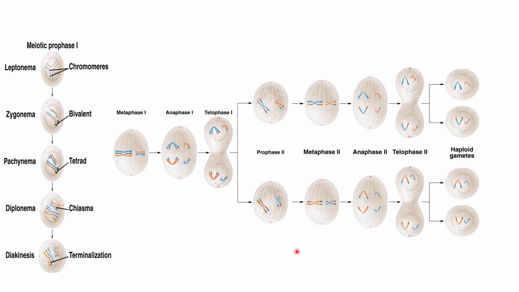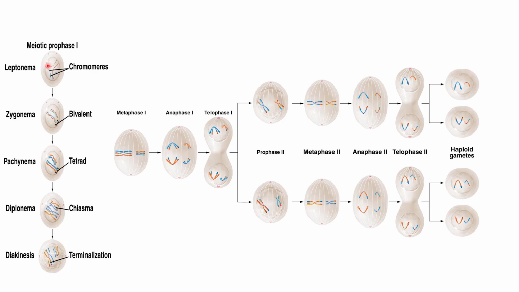Something else that I want you to be aware of, there are some additional stages in meiosis. So we have the same prophase, metaphase, anaphase, telophase. We designate between these 2 divisions as prophase 1, metaphase 1, anaphase 1, telophase 1, and prophase 2, metaphase 2, anaphase 2, telophase 2.